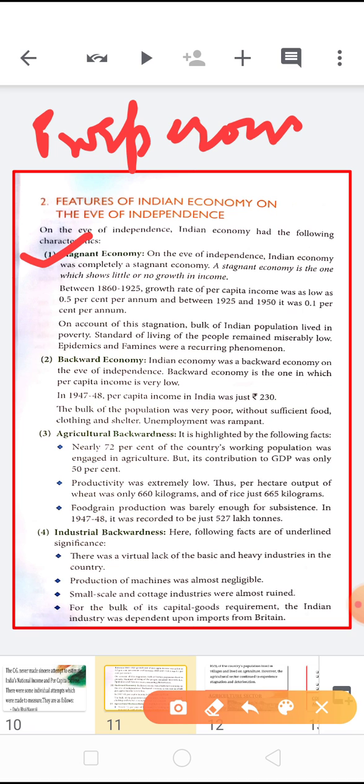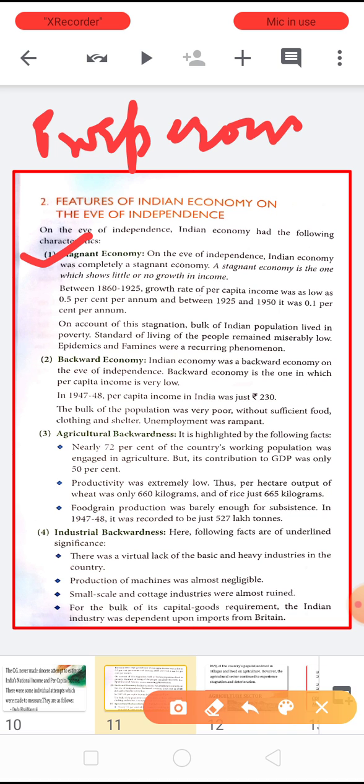Between 1860 and 1925, the growth rate of per capita income was very low, at 0.5% per annum, and between 1925 and 1950 it was 0.1% per annum. So it is very low.